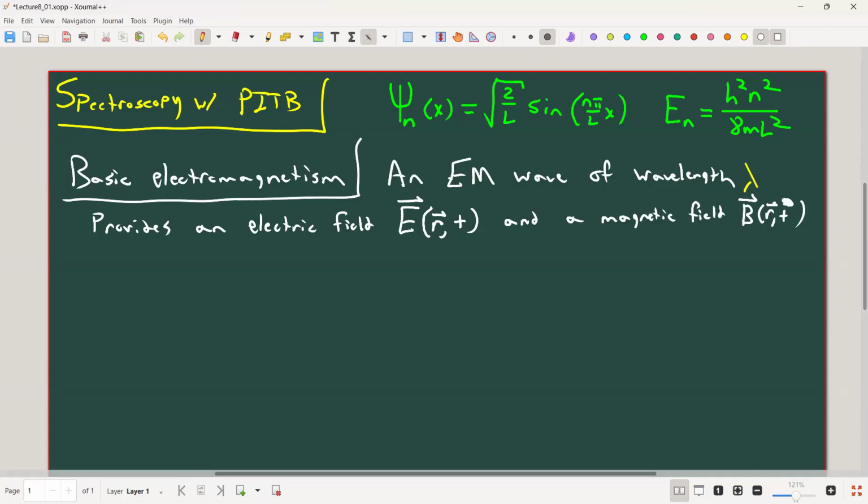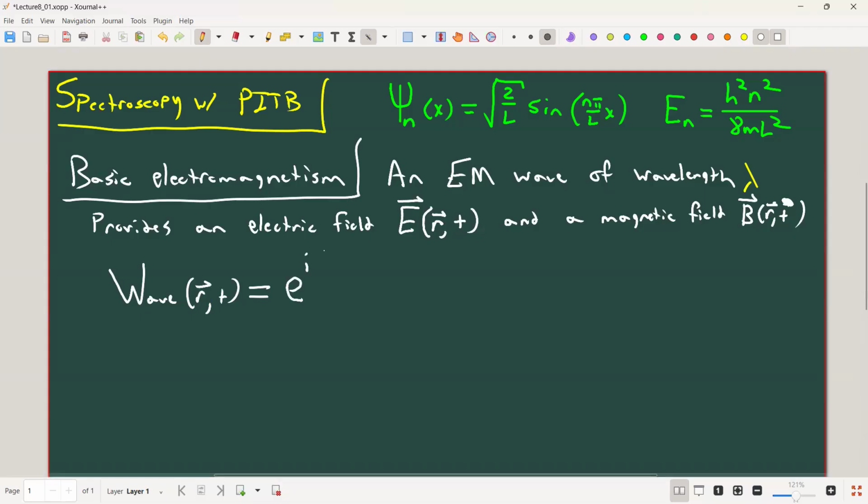Let's know that. And the formalism, the function of this wave, we can call it psi of r comma t. It's a function equal to e to the i, remember when we have e to the i, think waves, sines and cosines, k times r. Okay, so the r is multiplied by this factor k. You guys saw this. This is the wave vector. It's the same k that we saw in the free electron.